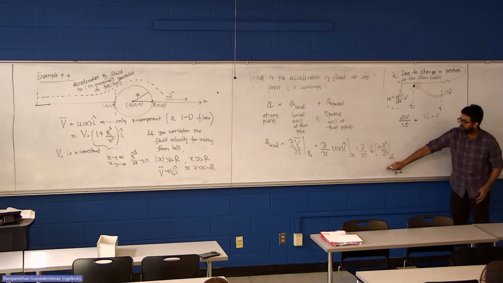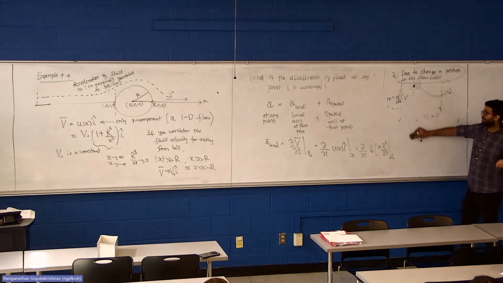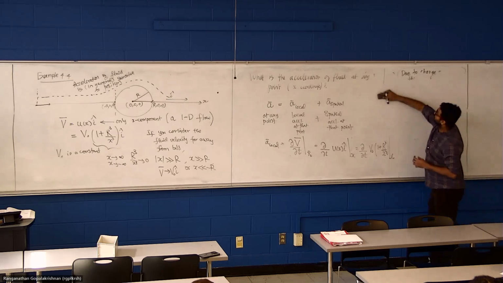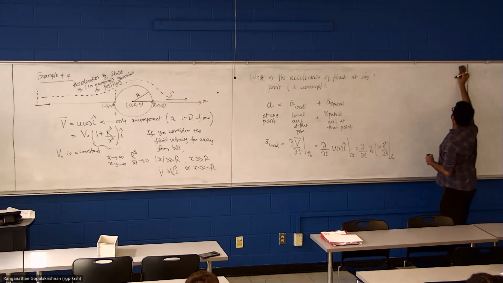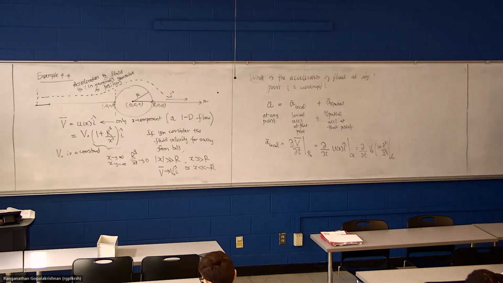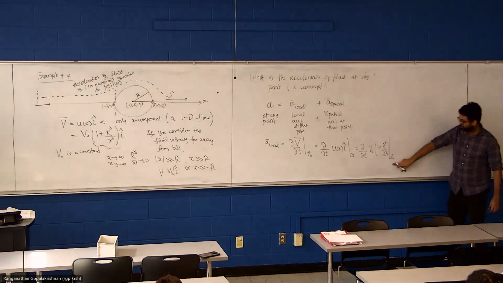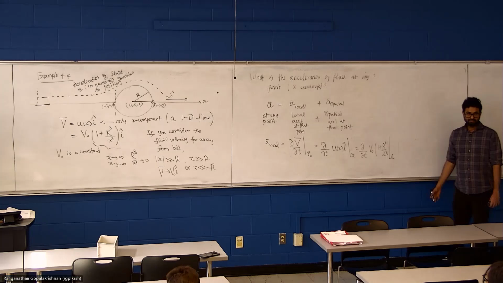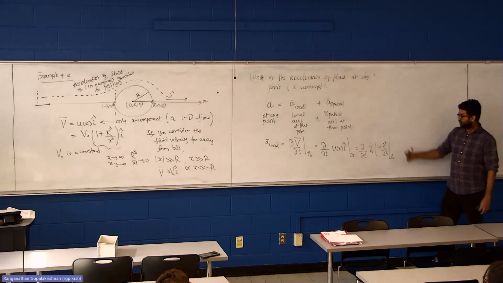How to evaluate this derivative with our math knowledge? What is V naught? Is it a constant or a variable? Does it change with time or not? Constant. It's a constant.